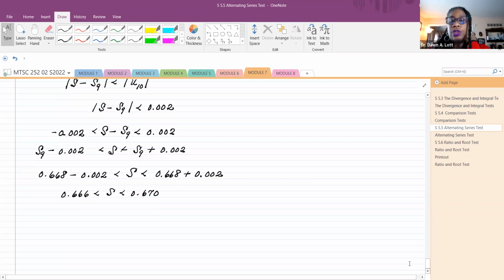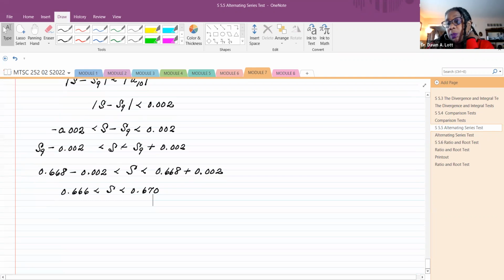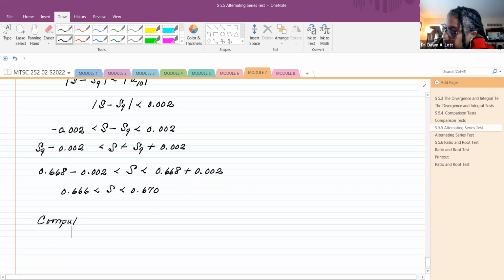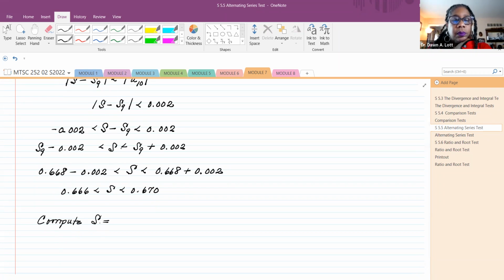So let's compute the true value of the series. We said it's a geometric series, so let's compute S. If it's a geometric series, what does it sum to? Come on, guys.